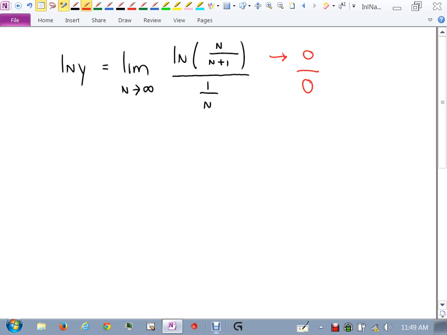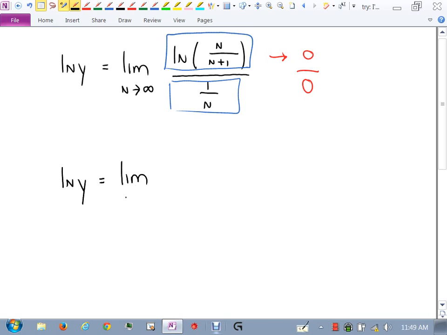So now you can apply L'Hopital's rule. But you have to apply it to the top and the bottom separately, right? Take derivative of top and bottom. So let's apply L'Hopital one time. My goodness, huh? Okay, if I apply L'Hopital, what is the derivative of natural log of something?